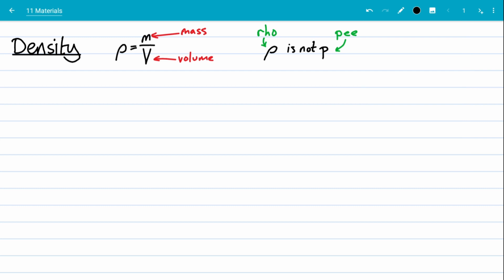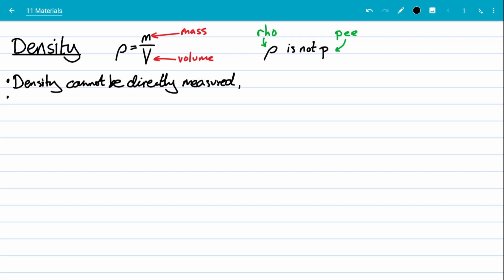How do we measure density? Well, the short answer is we don't. We determine the density by measuring the mass and determining the volume. So let's just put this down. Density cannot be directly measured.